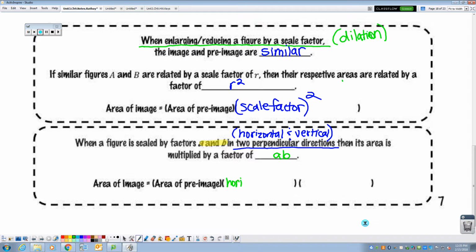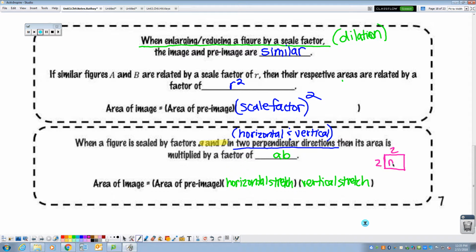So the rule is that the area of an image is equal to the area of a pre-image times the horizontal stretch. And when I say stretch, it could be a stretch or a shrink, and then times the vertical stretch. To illustrate what that would look like, I might start with my same 2 by 2 box.